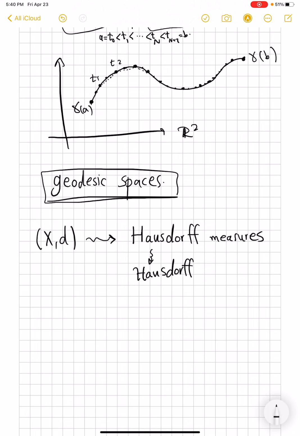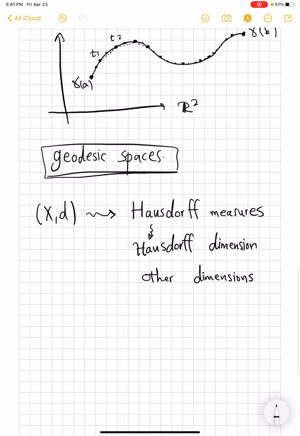So Hausdorff measure H2 is computing area of a metric space if it is really two-dimensional in some sense. H3 computes its volume if it is in fact a three-dimensional space, and so on. And of course, this gives us a notion of Hausdorff dimension. And there are other notions of dimensions as well, which we can talk about on a fixed metric space.